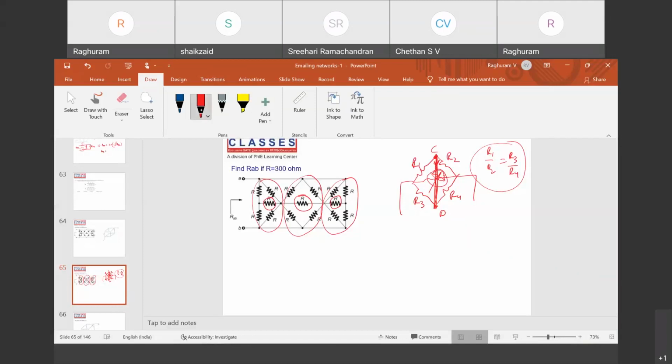If I remove these resistors, what will be the circuit? Something like this.